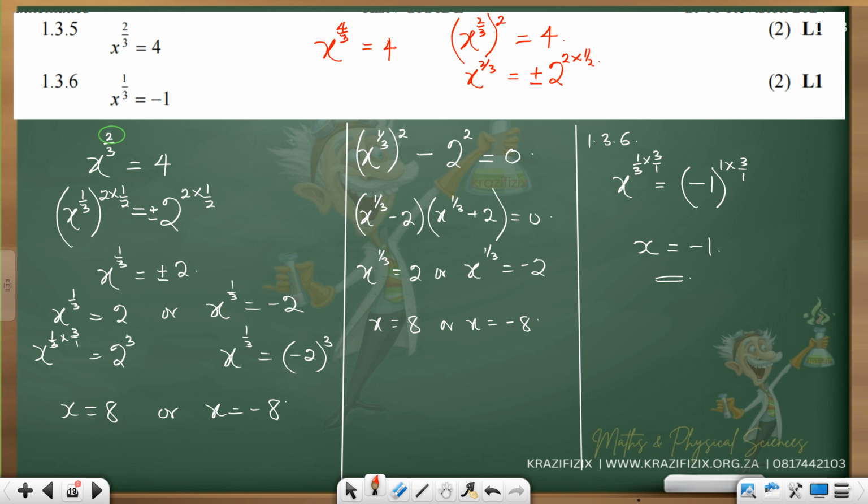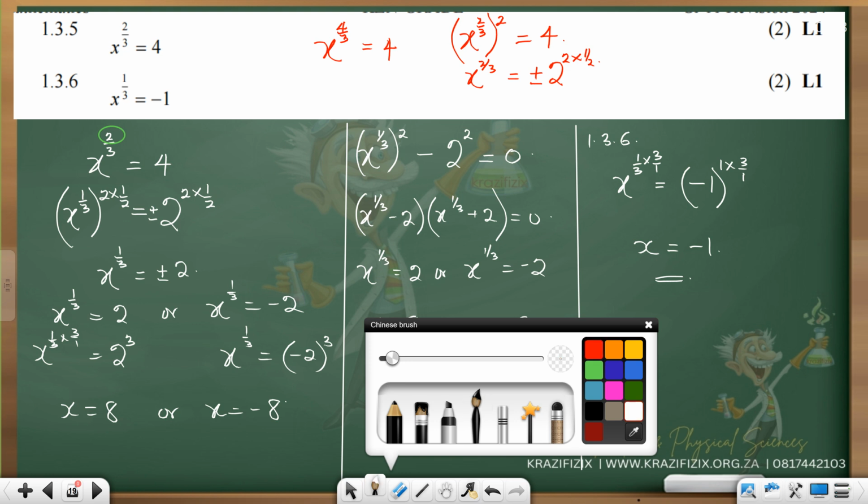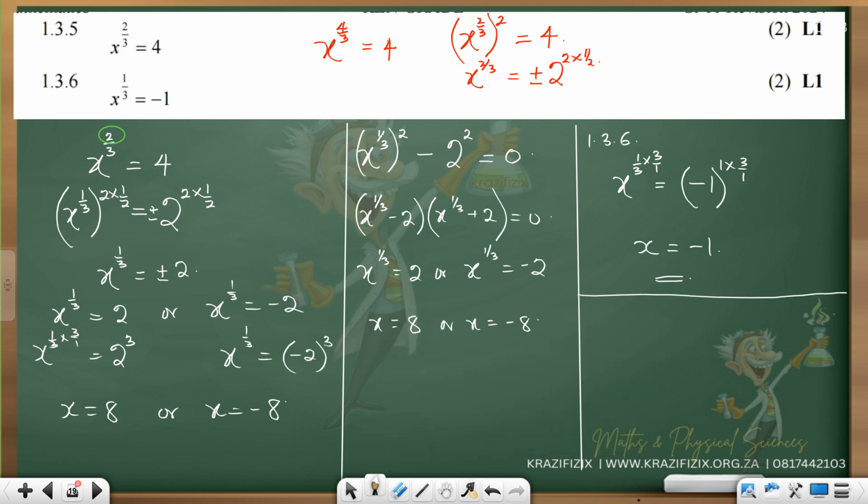Because when you say half times half, it means the square root. Look, let me write this for you. Please put it down in your note. The power 1 over 2 is the same as square root.